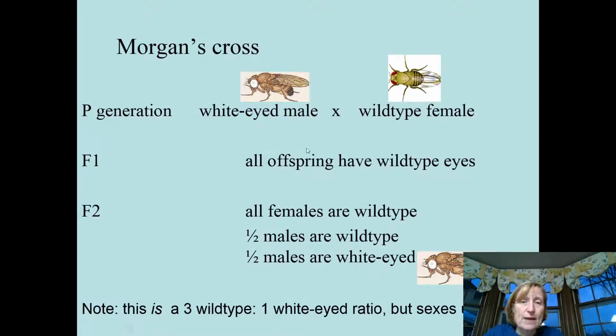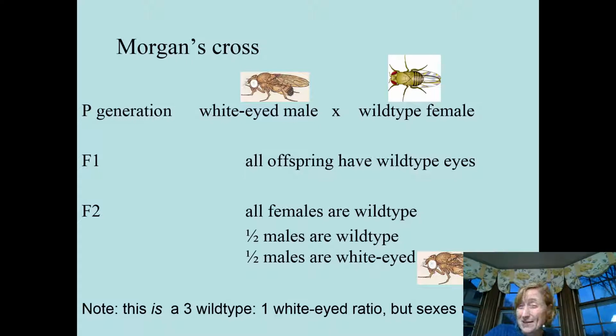Then he decided to mate siblings, so he did an F1 by F1 cross, and he looked at the offspring. And we would expect from a cross like this, if we were thinking about a single gene trait that's dominant or recessive, we would expect a 3-to-1 phenotypic ratio in the second generation.